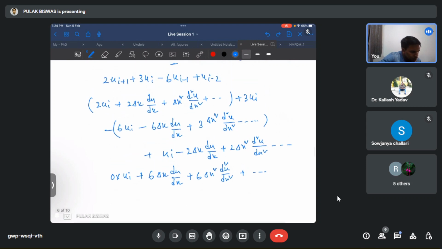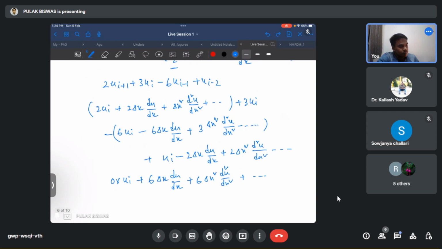I think I have made one mistake. Yeah, this one is actually minus, so this is again getting cancelled. So in a similar way, I guess the rest of the terms will be 0, and when we divide by 6 delta x of this expression, this is gone. So this is actually for du dx.